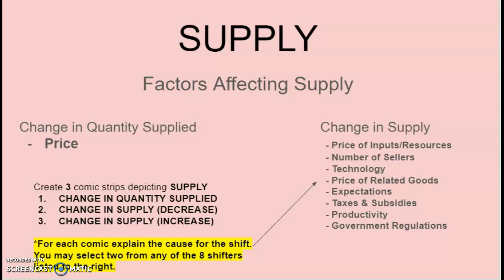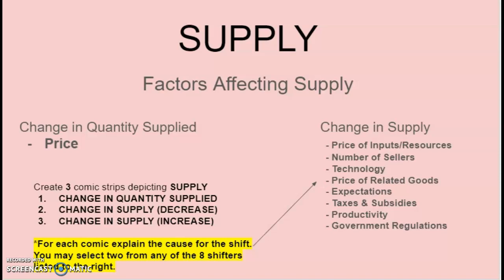Productivity means we're more productive and we produce more. And then government regulations, which is what we're seeing right now, in that businesses have to close based on COVID. And so, hairstylists are gradually being able to open. Restaurants will soon be able to open. But, a lot of those businesses in the month of April had to close down. So I saw a huge decrease in supply shifting to the left.